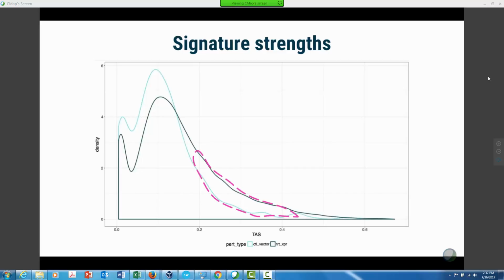I'm also looking at the TAS metric overall, because it was developed in the context of our previously existing perturbagens, and it's possible it might not be the most appropriate measure for the CRISPR data. For now, I'm continuing to use it in addition to other measures.